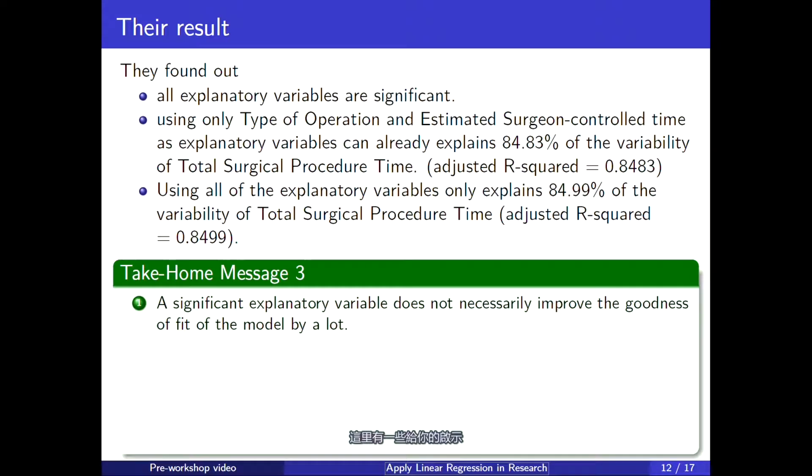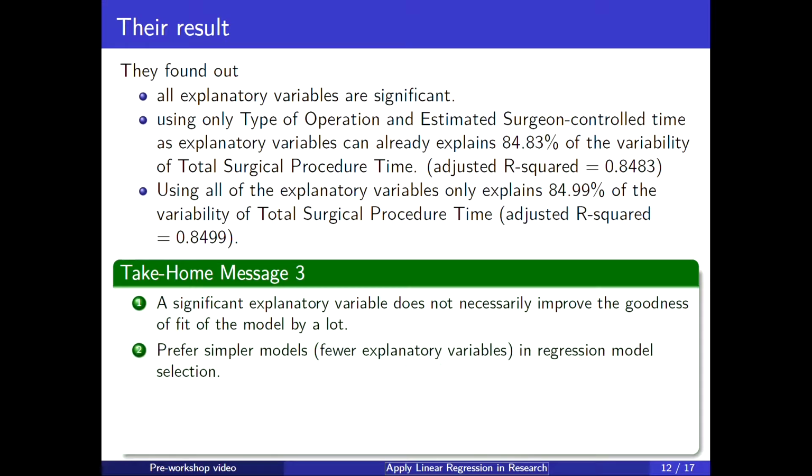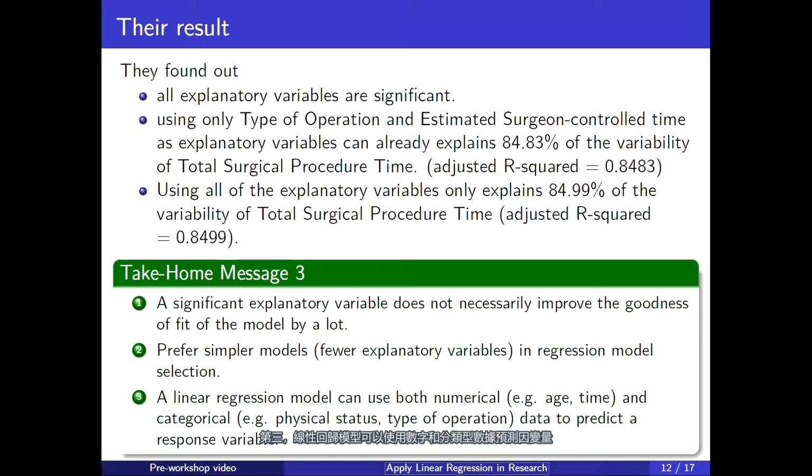There are some take-home messages for you. First, a significant explanatory variable does not necessarily improve the model's goodness of fit by a lot. Second, we prefer simpler models in regression model selection, and we will talk more about model selection in the workshop. Third, a linear regression model can predict a response variable using both numerical and categorical data.